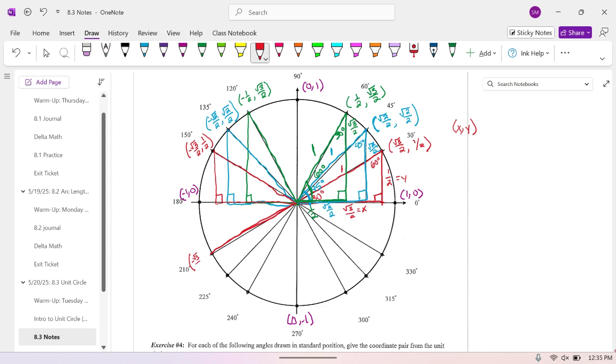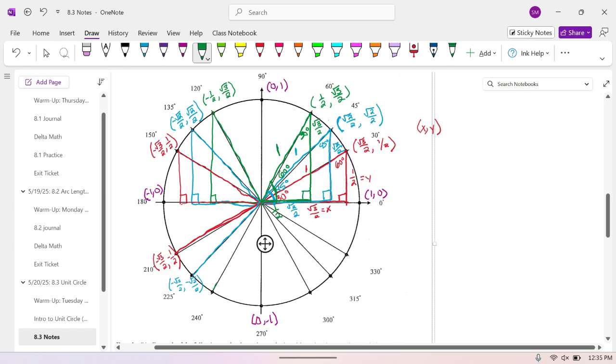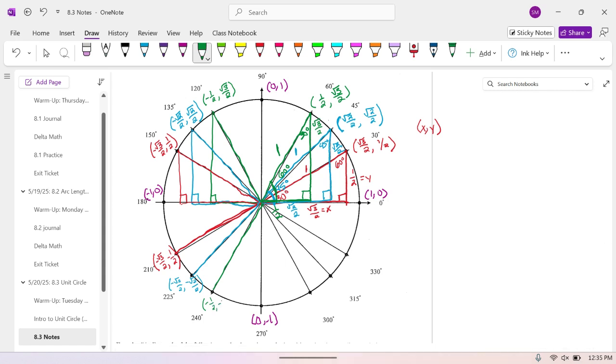Negative square root 3 over 2 and negative 1/2. What about 225? How far away is that from 180? It's 45 degrees. So this would be negative square root 2 over 2, negative square root of 2 over 2. Then lastly, this is 60 degrees away. So this would be negative 1/2, negative square root 3 over 2.